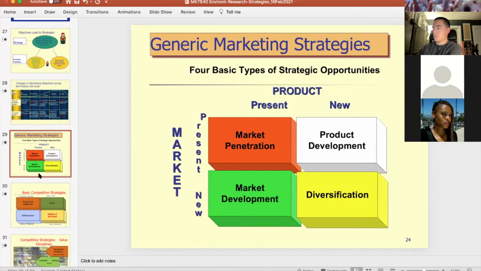That strategy in itself is easy to define, because you're just going to keep selling the same product, but you will have different 4Ps, different tactics, different plans. What would be the changes that you could do in order to sell more of the same? What tactics could you have?